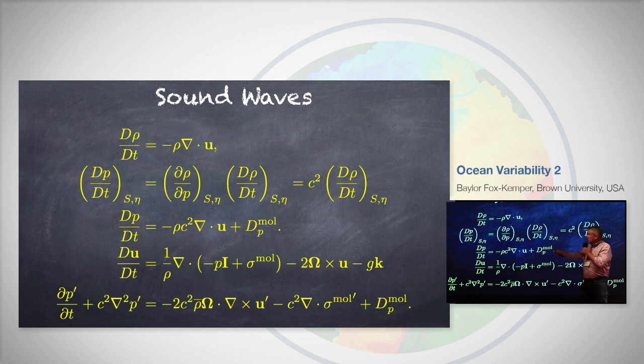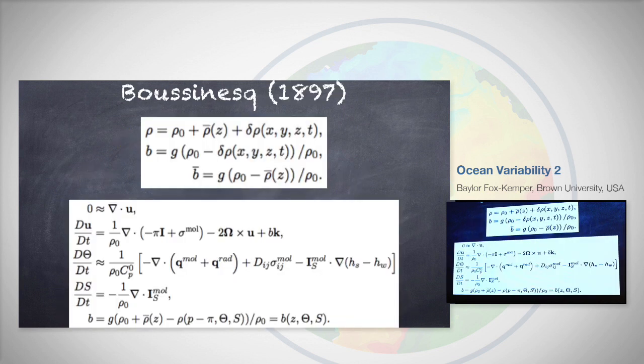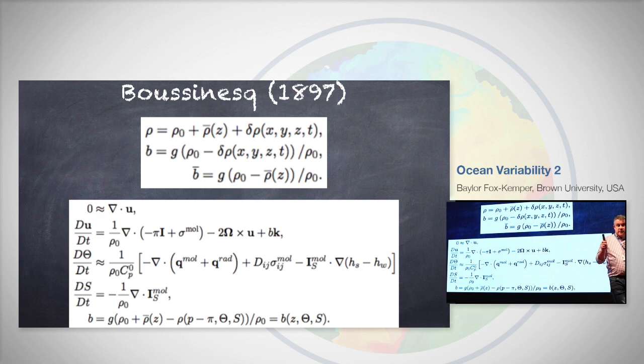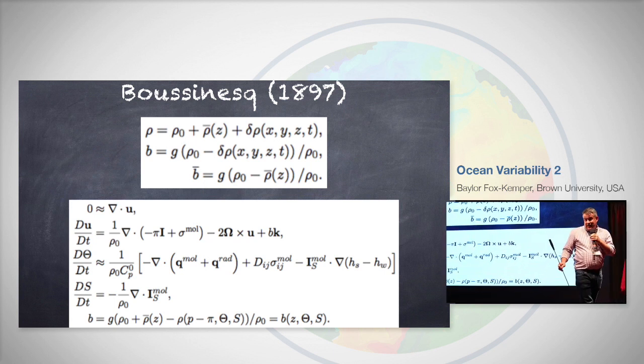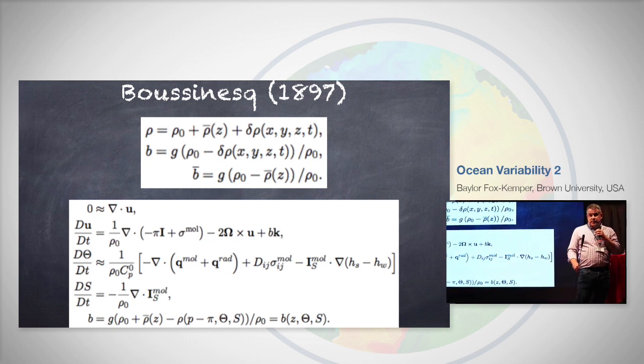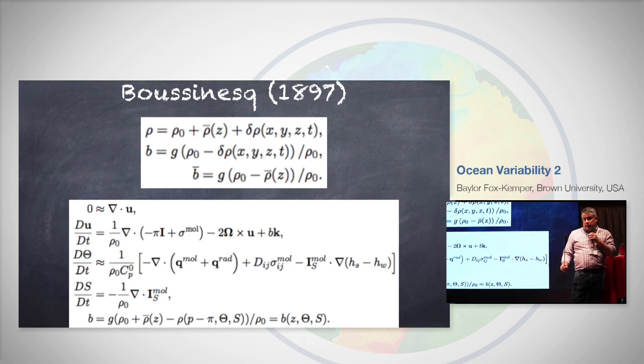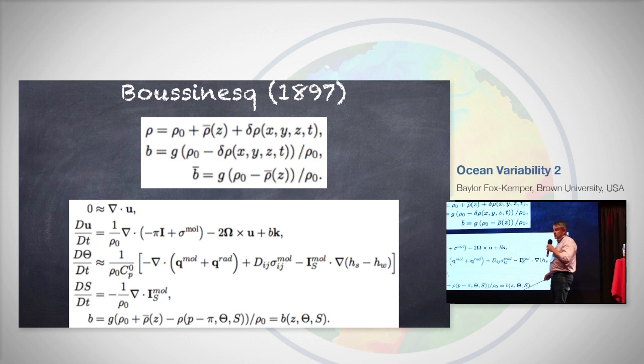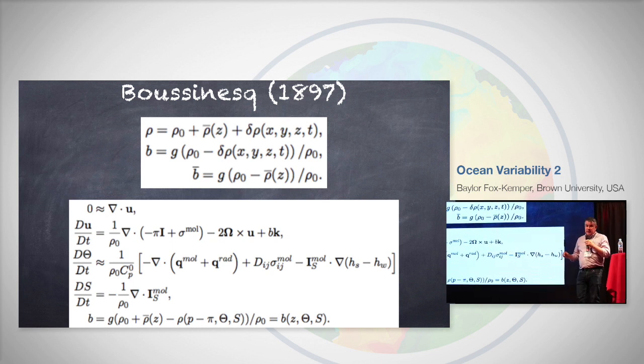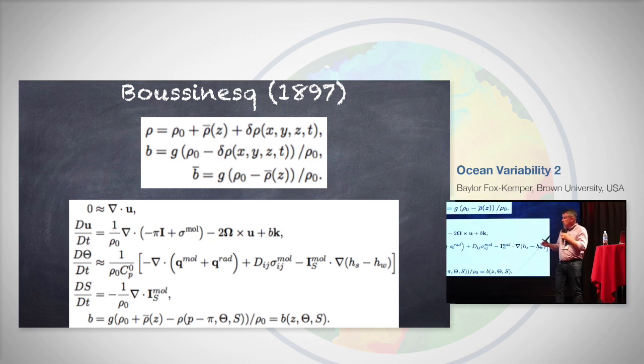If we cut that linkage between the left side and right side of that equation, we've eliminated sound waves from the system. Now the fastest waves are things like surface gravity waves. That means we only need to deal with something that travels 10 meters a second, not 1,400 meters a second, as our limiter on the simulations. So that's great. We can go 100 times faster in terms of time steps without blowing up the model.